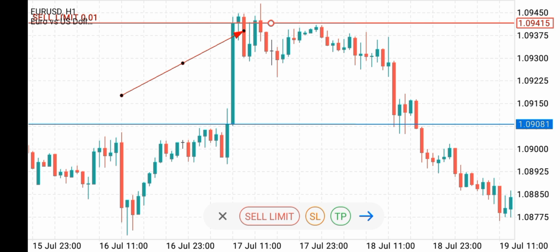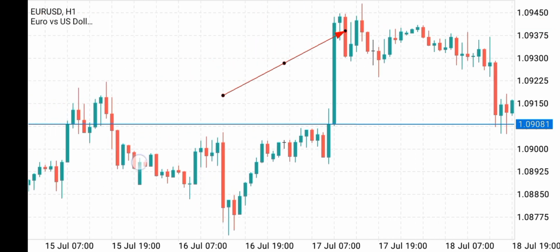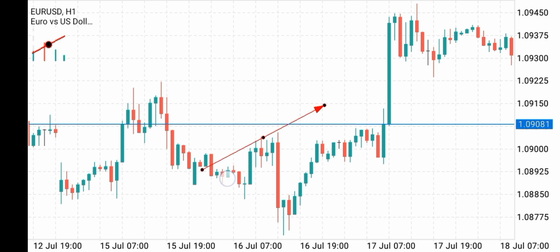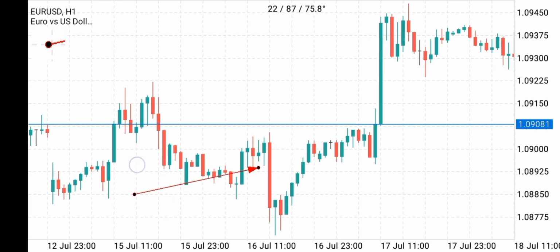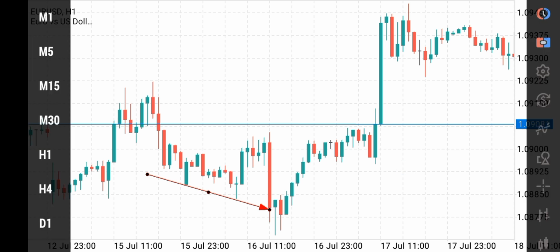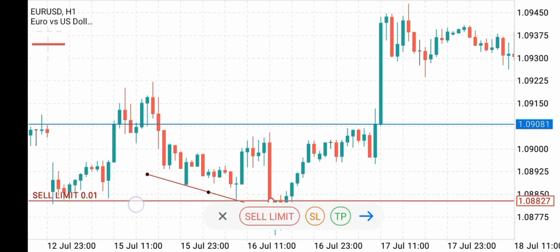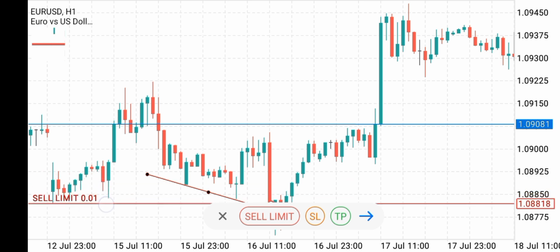Okay guys, so if you are looking for a buy opportunity, for example, you know that the price will be buying from here upward, but you don't know if you will be on the chart by the time the price starts rising, you can simply set a buy limit.